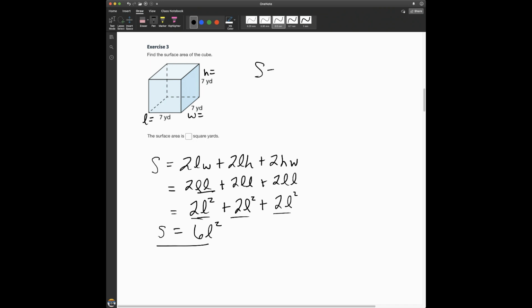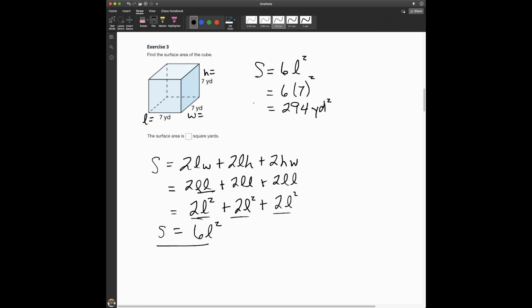So I can use this formula to get my answer. So surface area for a cube is 6 times the length squared. So that's 6 times 7 squared, or 6 times 49, which is 294 yards squared.